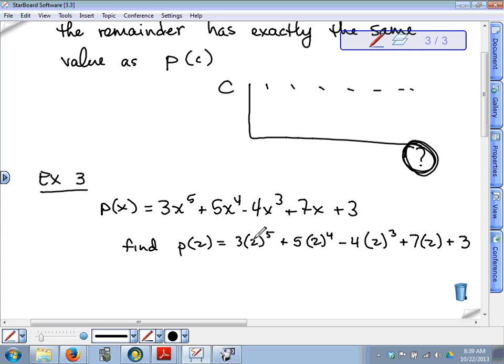2 to the fifth power is 32, and then 32 times 3 is 96. 2 to the fourth power is 16, and 16 times 5 is 80. 2 to the third power is 8, times negative 4 is negative 32. 7 times 2 is 14, and then we add 3.